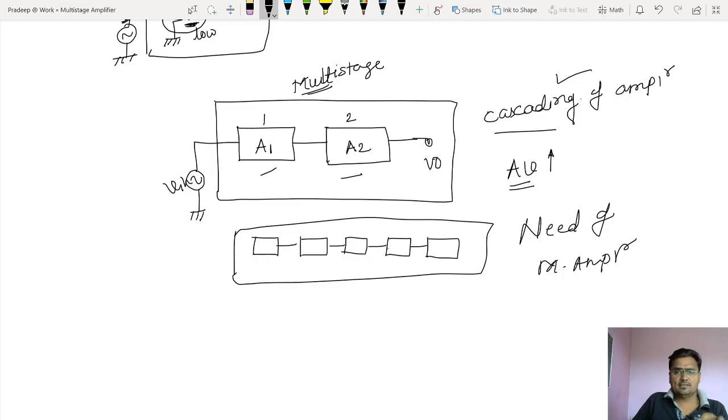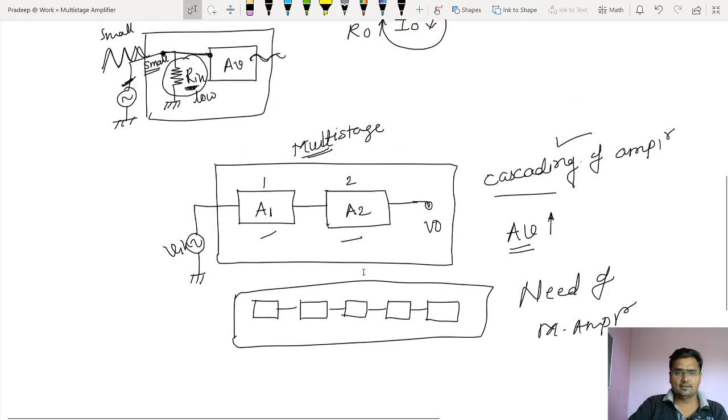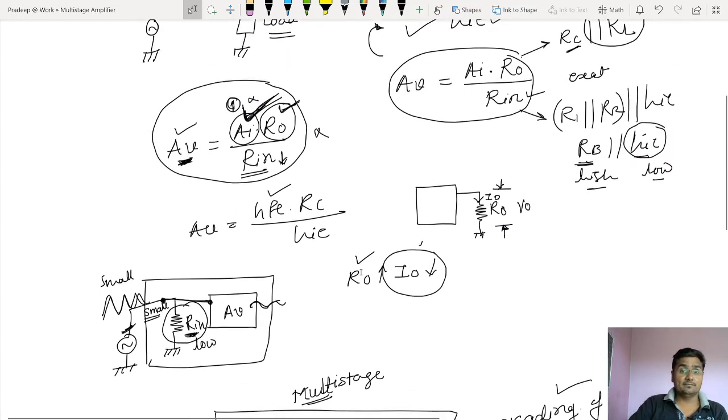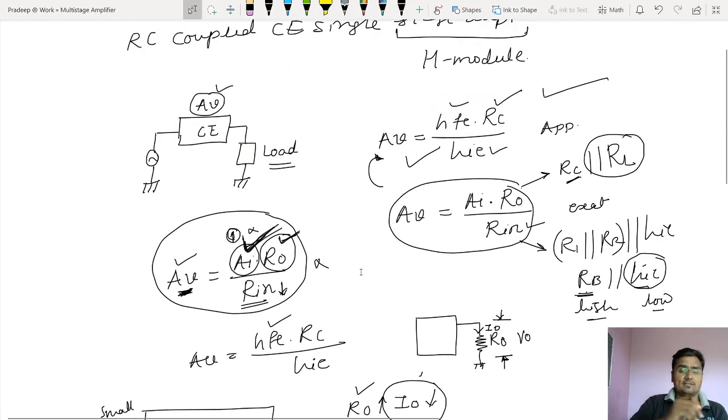If I consider your syllabus, then what is the need of a multi-stage amplifier? Yes, this is the need. And why do we go for a multi-stage amplifier? Because the single stage amplifier was not sufficient to give us the desired gain. We tried to increase the gain of the single stage amplifier.